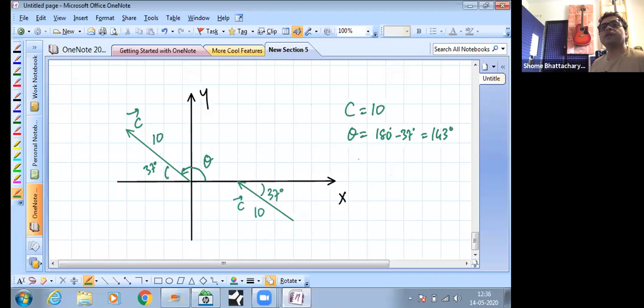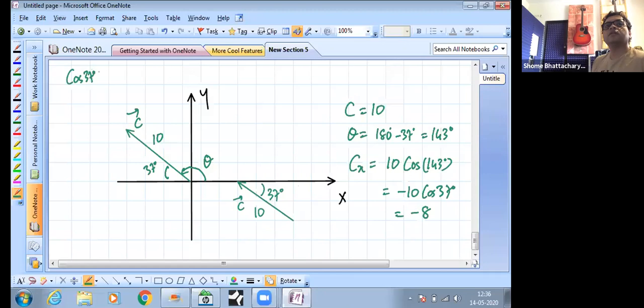So the x component will become 10 cos 143, which will become minus 10 cos 37 degrees, and that will become minus 8, because you know that cos 37 is 4 by 5 and sin 37 is 3 by 5. I told you to memorize these values separately.